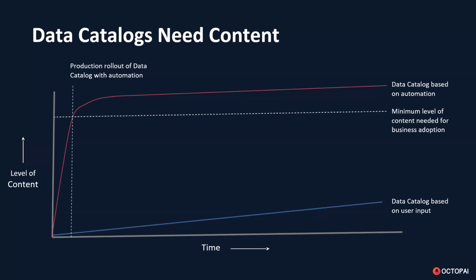So as we can see from this graph, each of us in our enterprises needs to understand the minimum level of content, the minimum viable content needed for business adoption, past which the business says, aha, this may not have everything, but it's got a lot of stuff that's very valuable to me and I can use it. And now I'm going to get value out of the data catalog. And that in turn gives value to our data management and data governance programs.